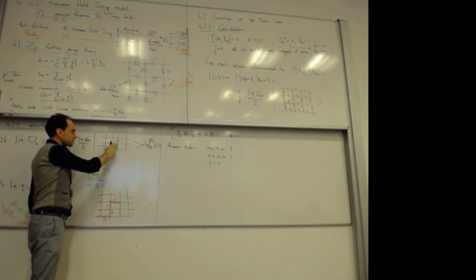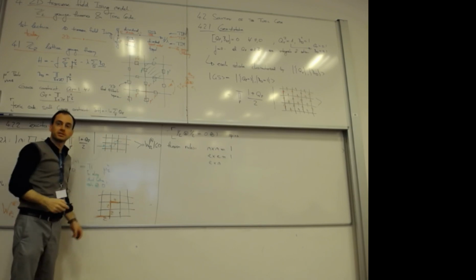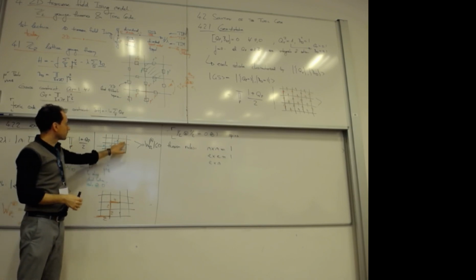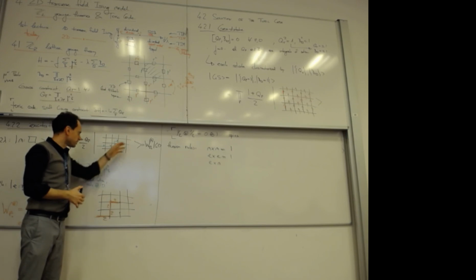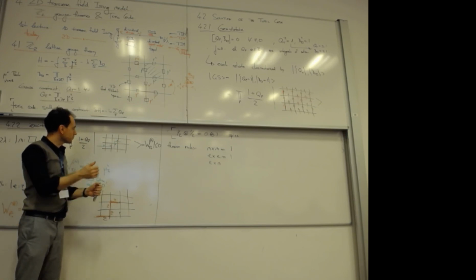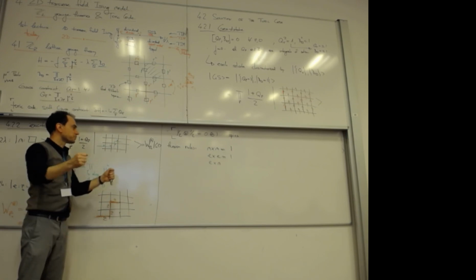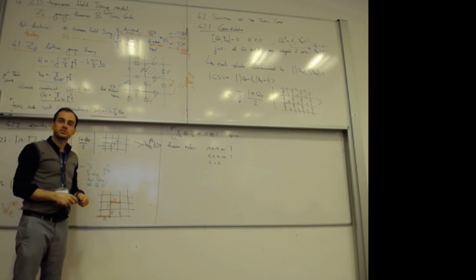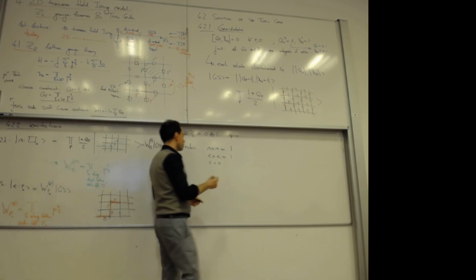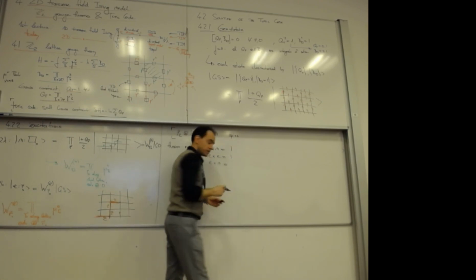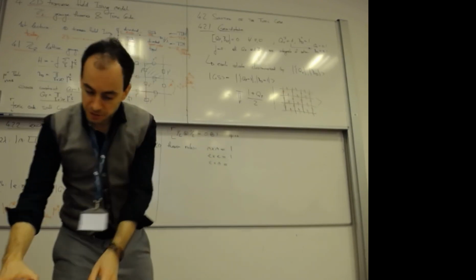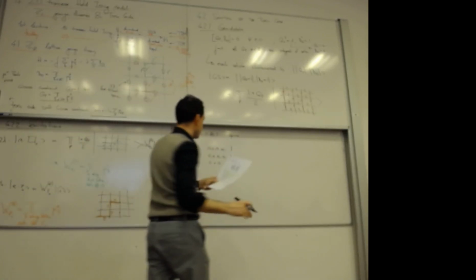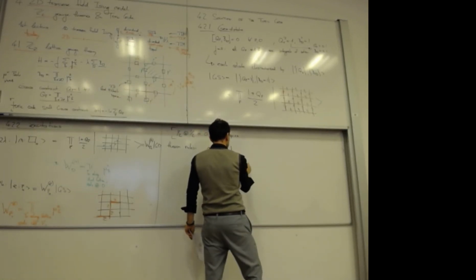Remember, the E particle is on the vertex and the M particle is on the plaquette. Imagine how you build a molecule of these here. What is this object? Is this nothing? The answer is no. It's not nothing, and we don't know what it is, so we have to give it a name. I forgot whether I called it epsilon or something else in my notes. Yes, I called it epsilon. So this is something new.